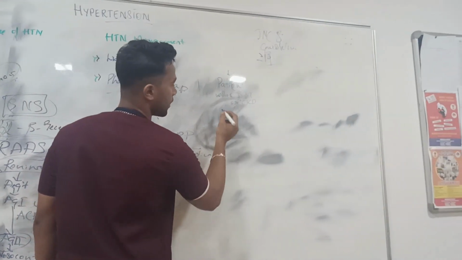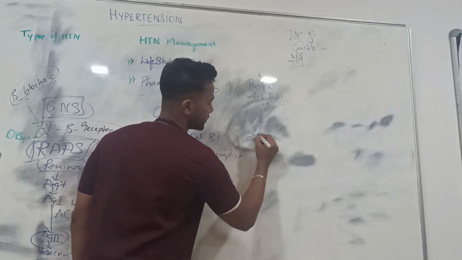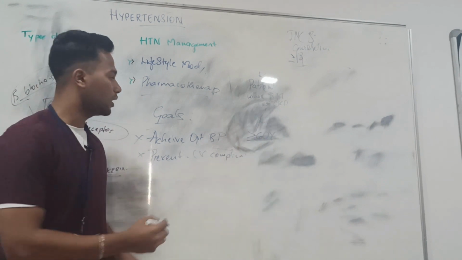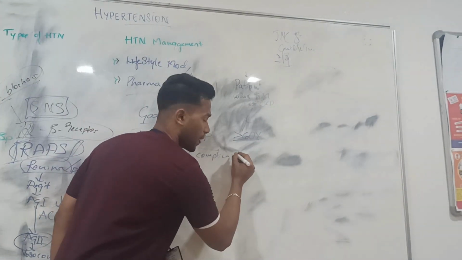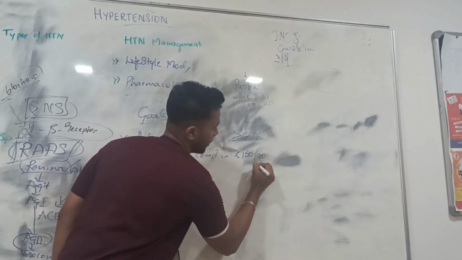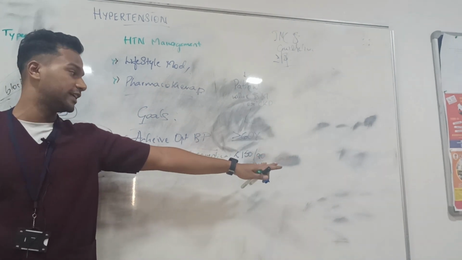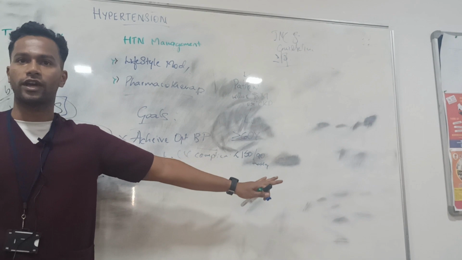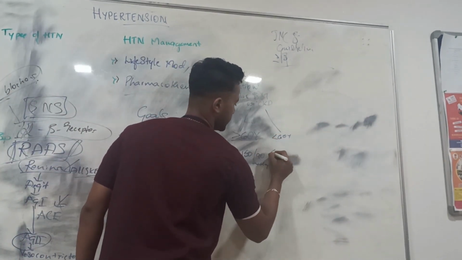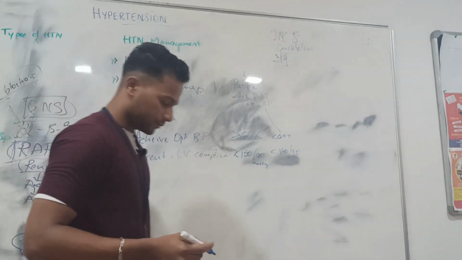So for patients without DM or CKD, if the patient is 60 years or above, the target BP is less than 150/90 mmHg. See, the target diastolic blood pressure is 90 only for everything. Remember that. And if the patient is less than 60 years, then the target BP is 140/90.